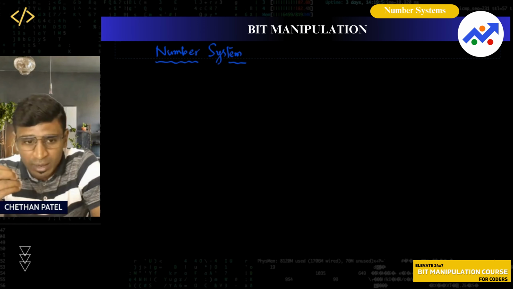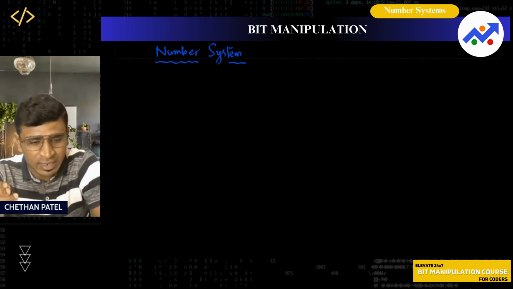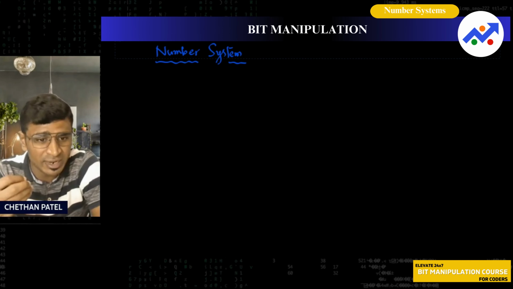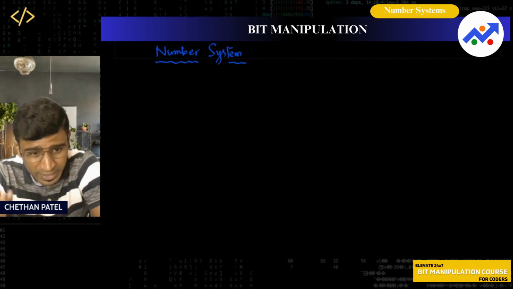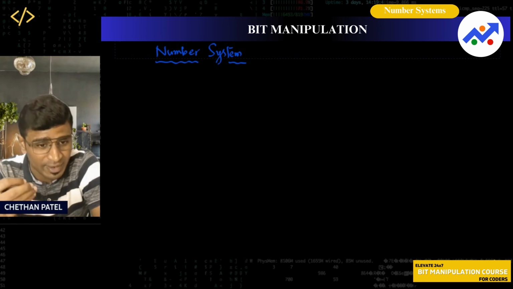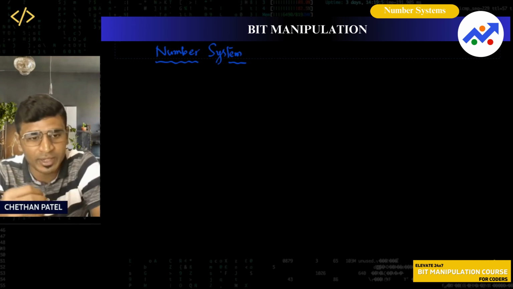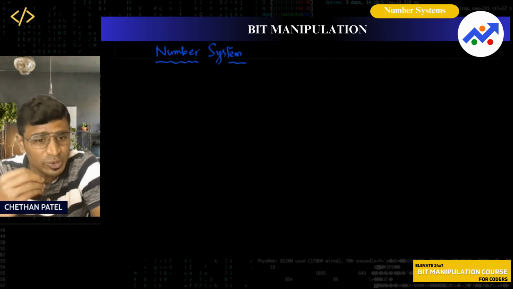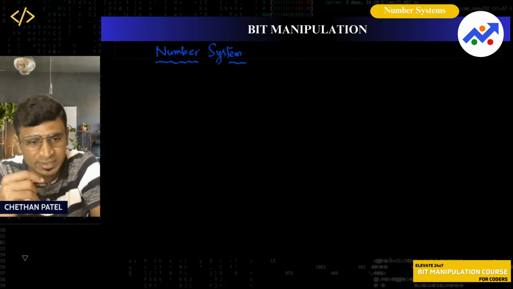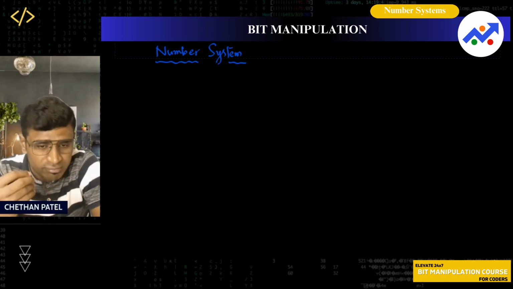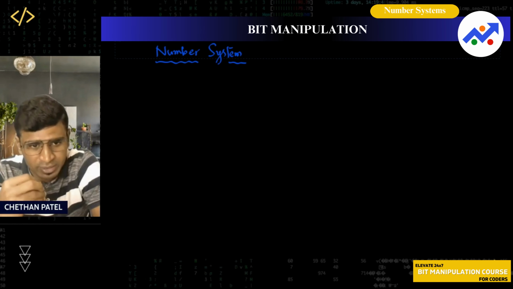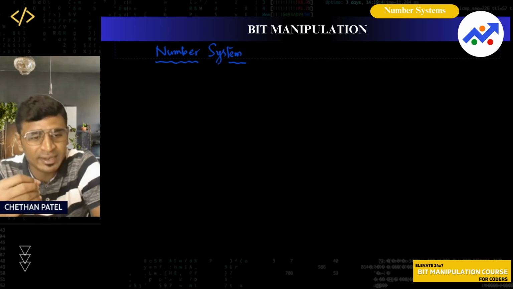Throughout the course, our concentration is mainly on the decimal number system, which is the base 10 system, as well as the binary number system, which we call the base 2 number system. We'll concentrate much on these two aspects because they are very important. Even though these are very important, we're not only going to concentrate on these.